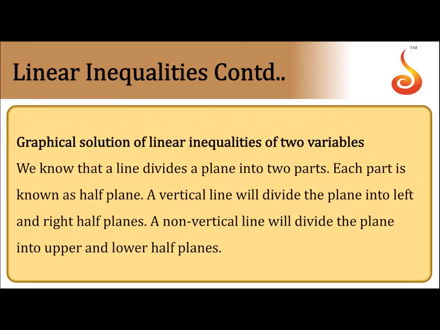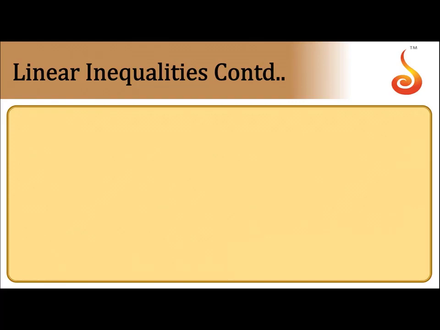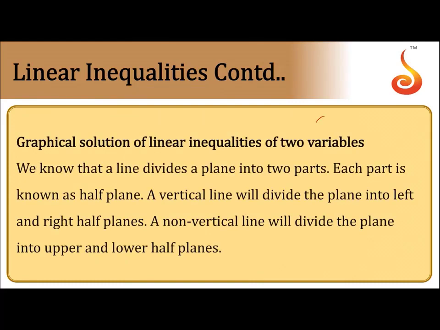So next one, the graphical solution of a linear inequality. Whenever you are given a linear inequality, let's say for example ax plus by is greater than or equal to c, where c is a constant, then you consider a straight line ax plus by equals c.